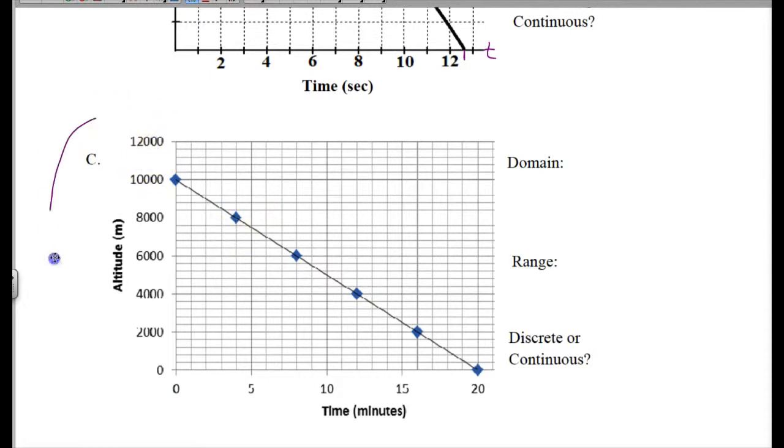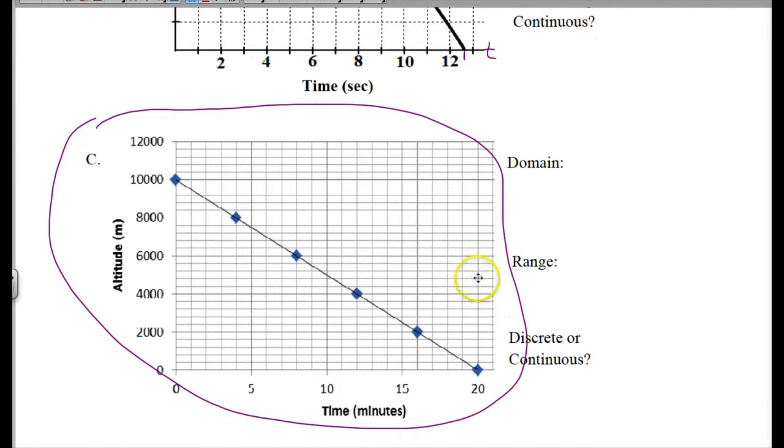This is linear. Domain. Okay, it's all values from 0 to 20. We've got time and altitude. I'm going to call that T, and call that A. So time goes from 0 to 20.